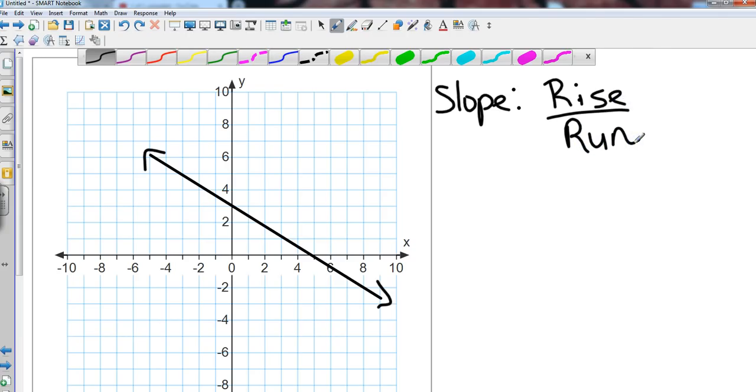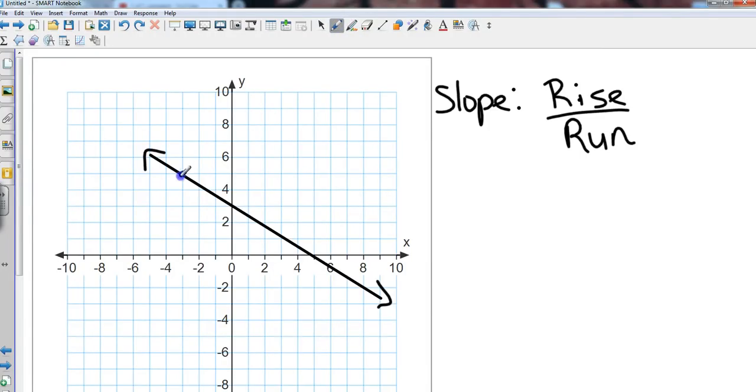So we determine the slope of a hill by where it goes from the bottom to the top. And so we need a couple of coordinates. So let's pick some coordinates that are actually on this line and they go at a perfect junction. So I'm going to pick this point here, and then I'm going to go down and I'm going to pick this point here. So how much do I rise and run? Now I can go from either point, it doesn't matter.